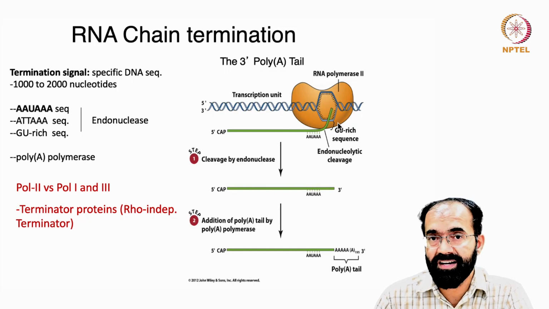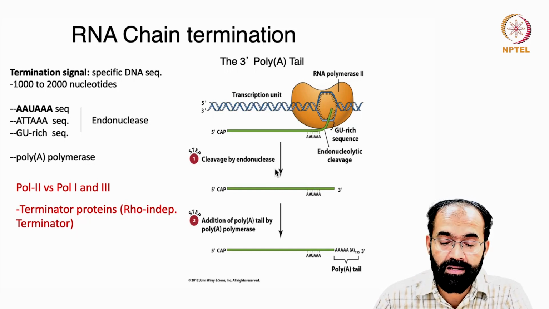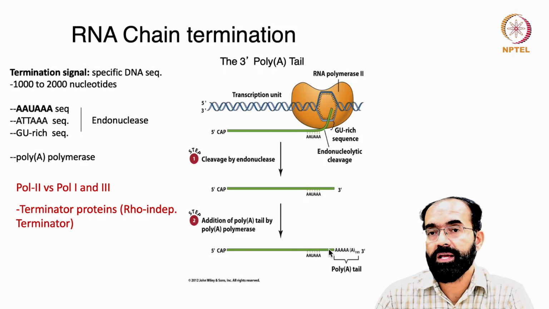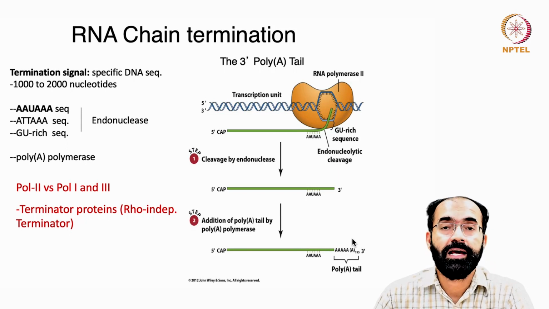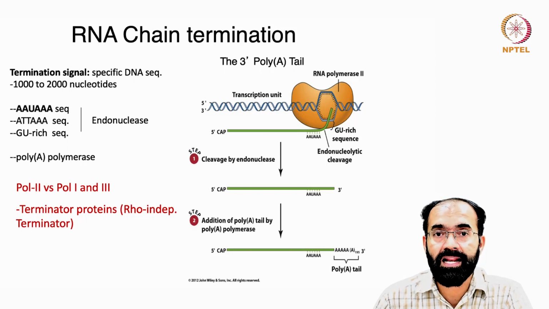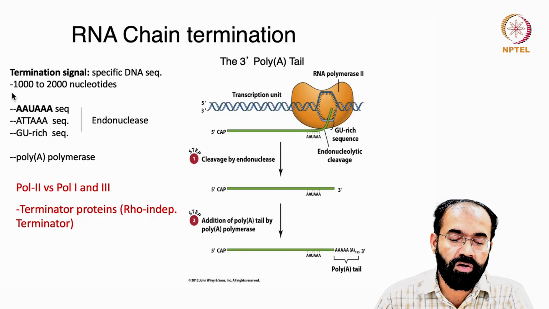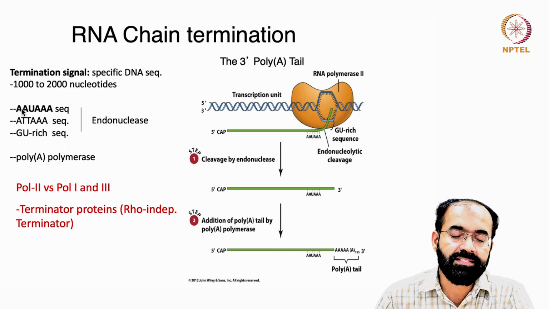The GU-rich sequence will prevent further movement of this transcription bubble, and as soon as the RNA is cleaved, it has to be recognized by the poly-A polymerase. The AAUAAA, that is the poly-A signal, is recognized by the poly-A polymerase, and it will add a poly-A tail. Remember to distinguish between poly-A signal and poly-A tail. Poly-A signal is a unique sequence, as you saw here, AAUAAA or AUUAAA, or in DNA AATAAA or ATTAAA.